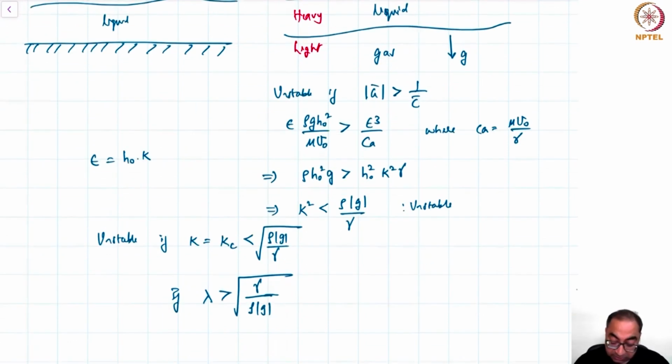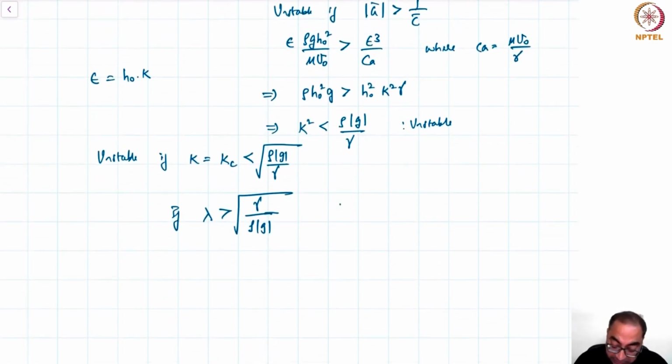This is also called the Rayleigh-Taylor instability, except that it's for a thin film, but the basic idea is the same. It's a heavy fluid over a light fluid which becomes unstable.